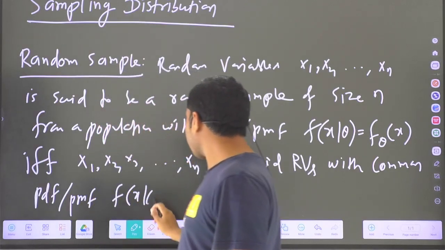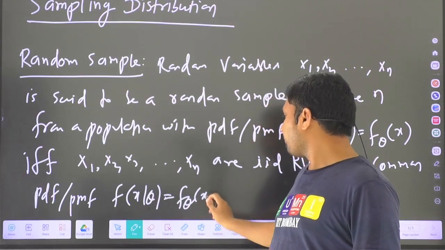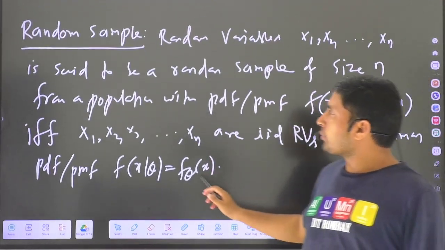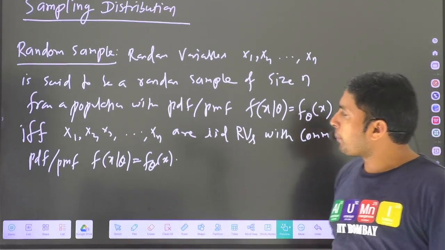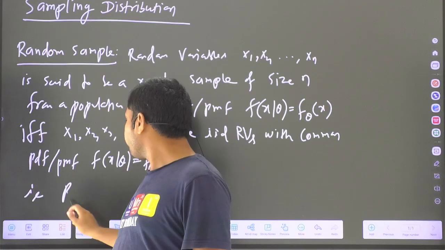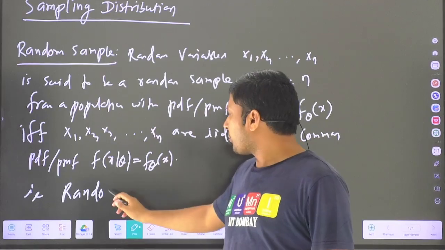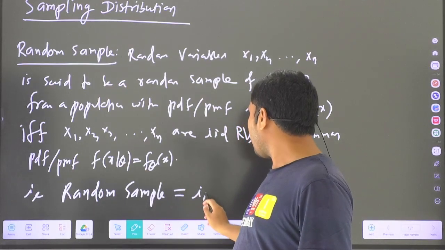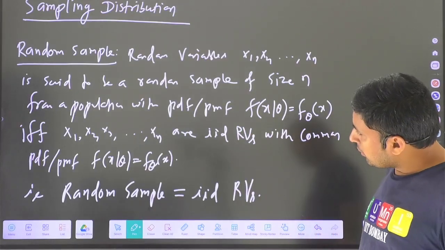You write f x theta, or you may write f theta x. Okay, so this is the definition of random sample. Random sample simply means IID random variables. In parametric inference, if you write random sample, that means they are IID random variables.